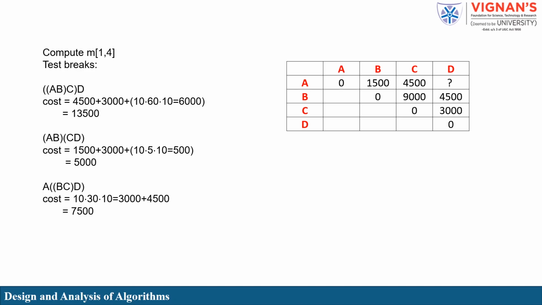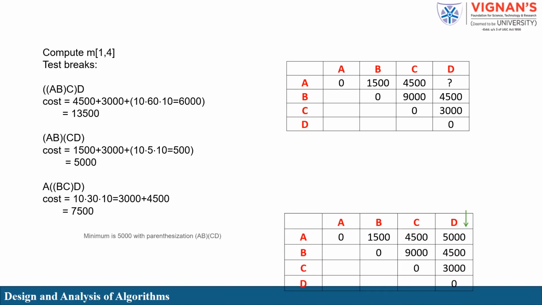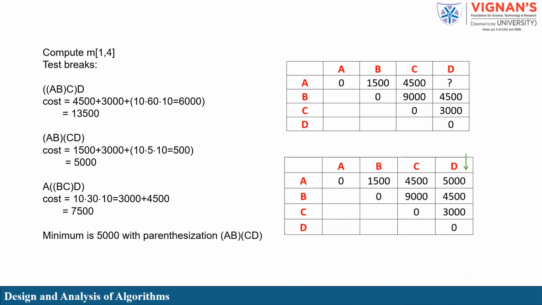Third option, A(B(CD)). Multiply the last three matrices first, then multiply the result with the first matrix. Among these, the second option, (AB)(CD), gives the minimum number of multiplications, so the optimal parenthesization is (AB)(CD).